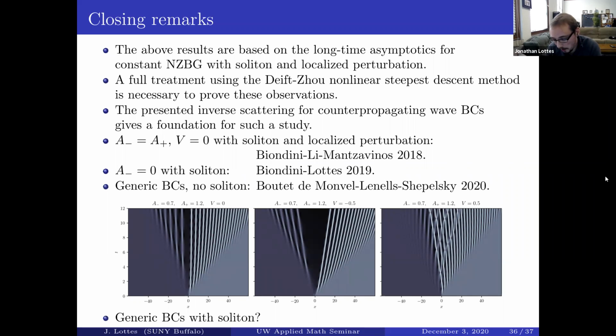And so the question still out there is what happens for generic plane wave boundary conditions? What happens to the soliton in these different DSWs? And there's just a sampling here of pure Riemann problems for these generic boundary conditions. Unequal amplitudes. Here's a zero velocity, a negative velocity, and a positive velocity.